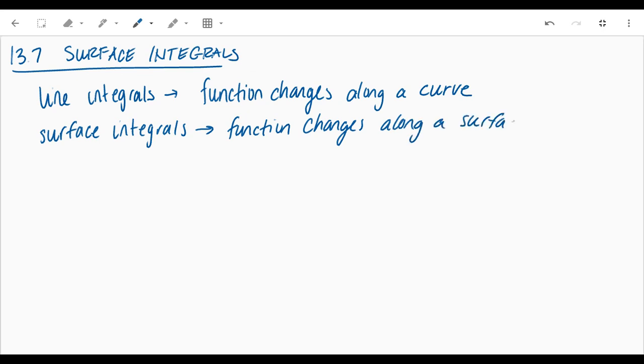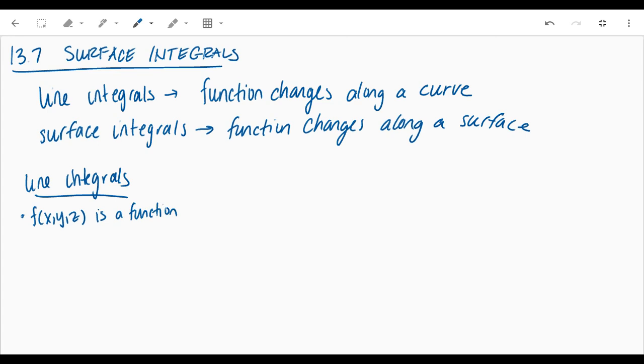Reviewing that too, when we talked about line integrals, we had a function we evaluated along the curve. We call it line integrals, really maybe a better term might be curve integrals, but we just call them line integrals. So we have this function that gives us the value of the function wherever we are on this curve.